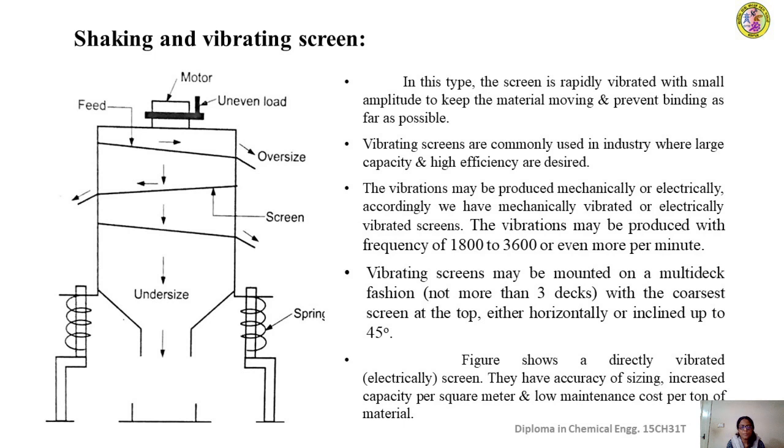Whenever you are supposed to separate fine particles into different fractions, you adopt the vibrating action in a given screen to get better size separation. The vibrating screen receives a vibrating action either by mechanical means or by electrical means. According to that, we can call them mechanically vibrated screens or electrically vibrated screens.